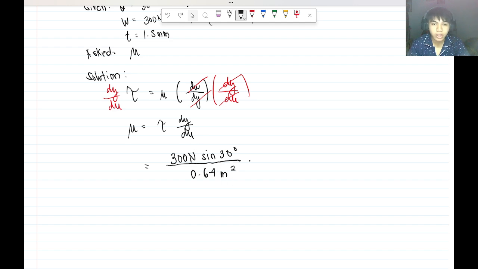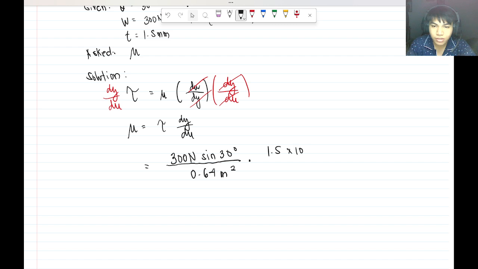And we just multiply this to the reciprocal of the velocity gradient. So now, instead of the unit of distance being on the bottom, it's now on top. So it's 1.5 millimeters. And to convert that to meters, you just divide it by 1,000.